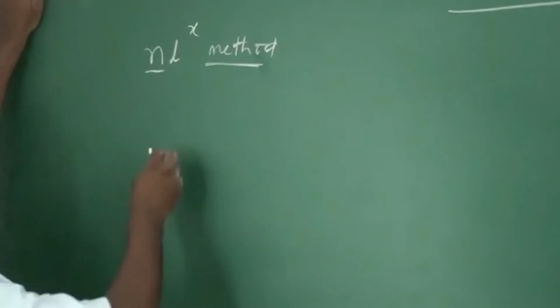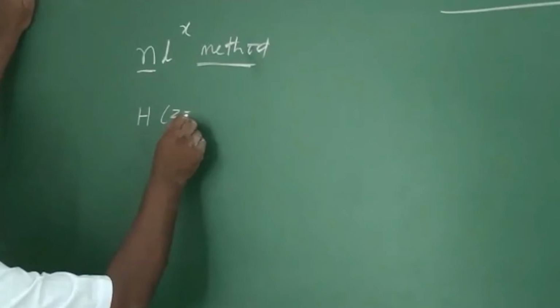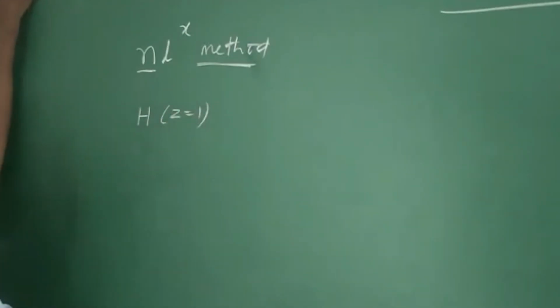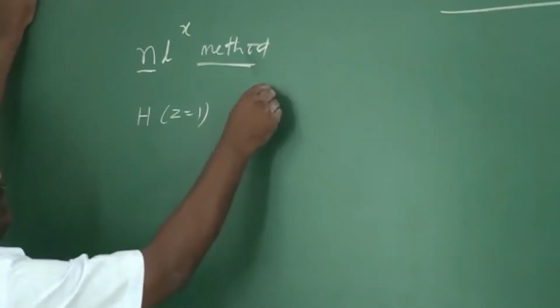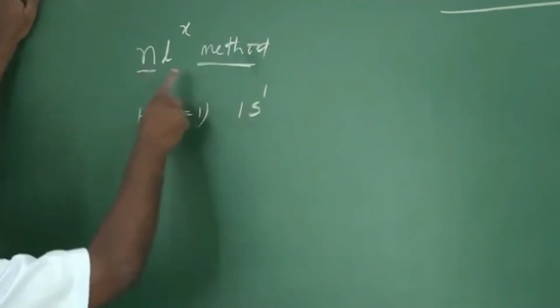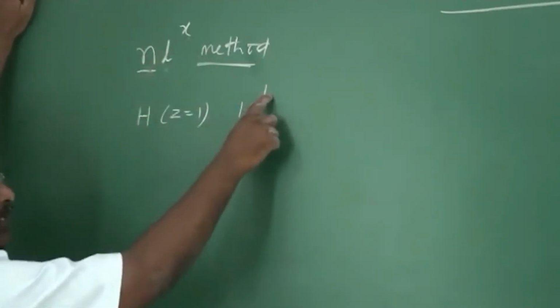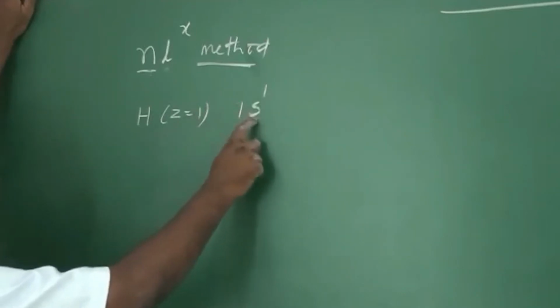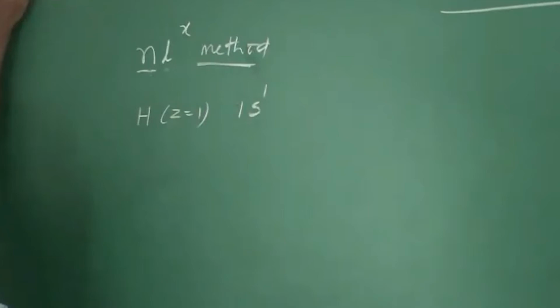For example, hydrogen, its atomic number is 1. So, the electronic configuration of hydrogen can be represented as 1s1. 1 is n, s is l, 1 is x. That means this electron is present in the s sub-energy level of the first orbit. 1 electron is there.